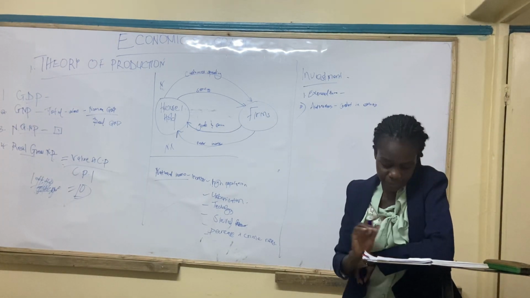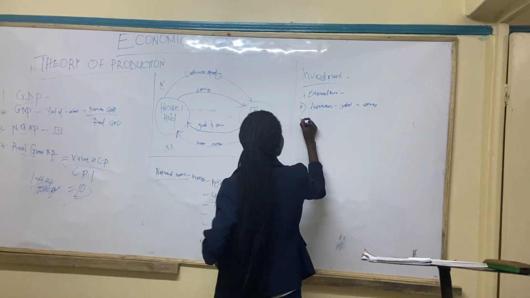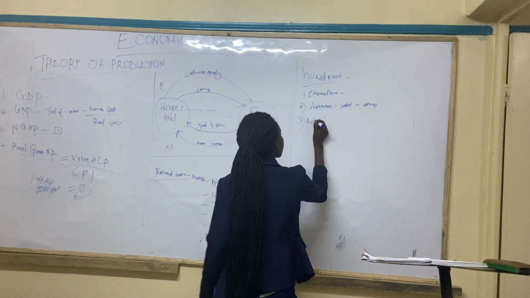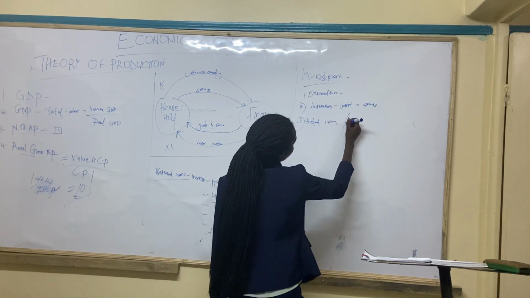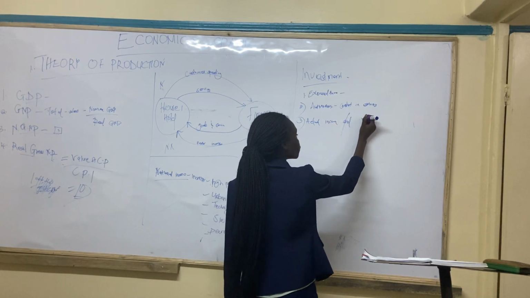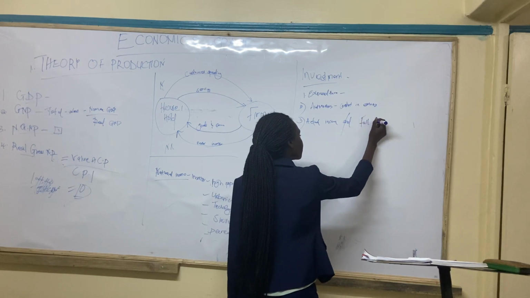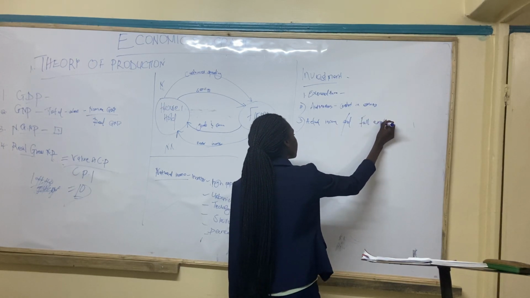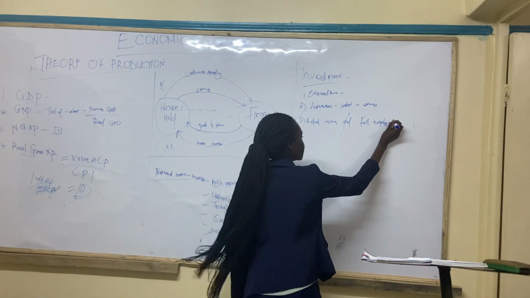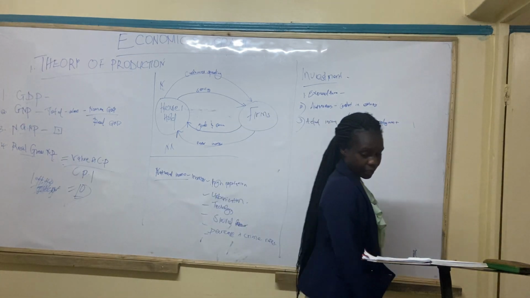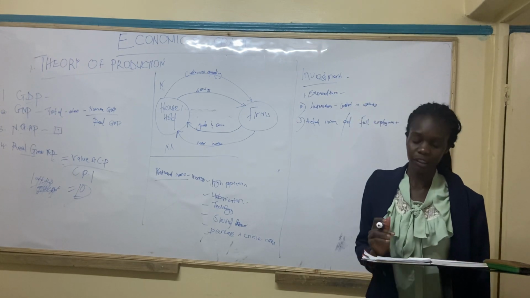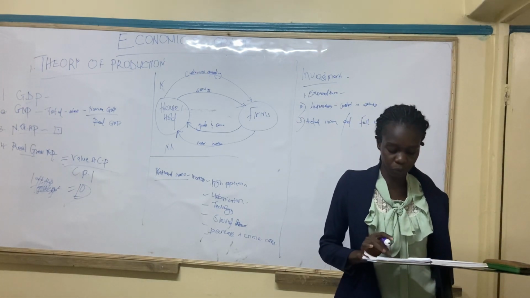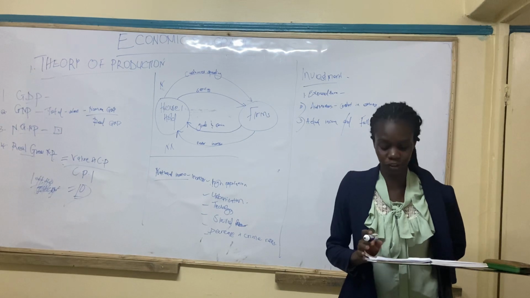So the third one is actual income and or full employment. So actual and full employment is national income that could be produced when a country's factor of production are employed.